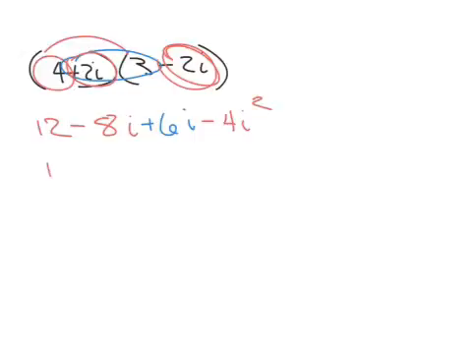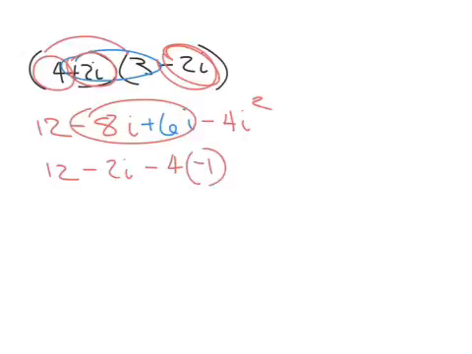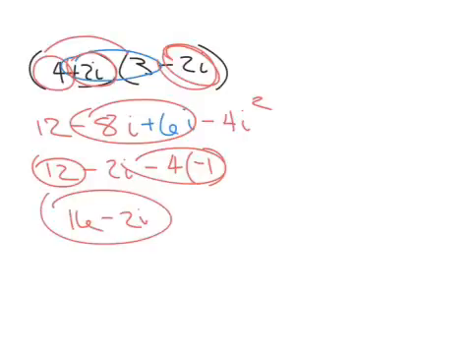Okay, so 12 minus 2i minus 4, and i squared becomes a negative 1. So I can combine these two. So I've got 12 plus 4 is 16 minus 2i. And that's in the right format of a plus bi. And I'm done.